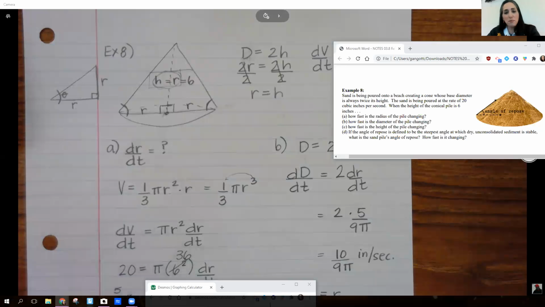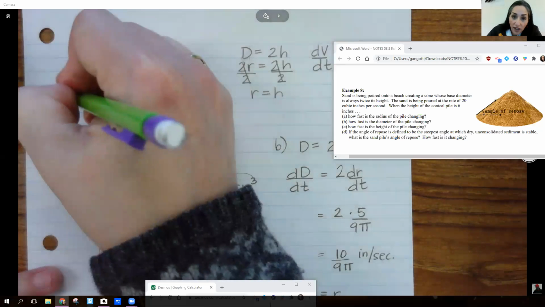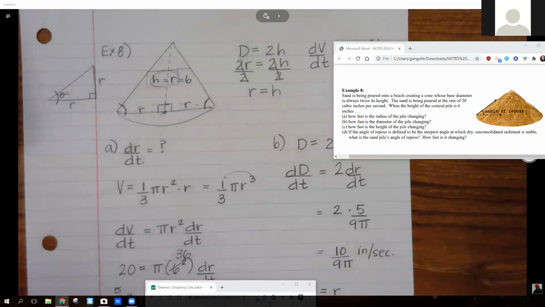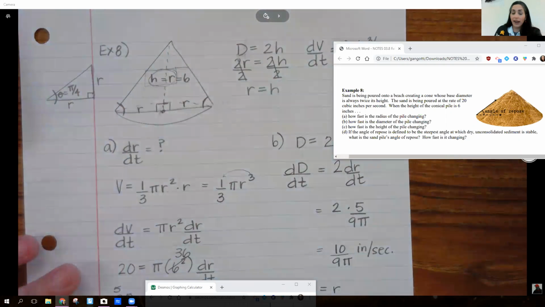Yeah, the other special right triangle. So this angle right here is 45, and we always answer in radians. In calculus, you always answer in radians. So what would 45 be in radians? Pi over 4. Yeah. So pi over 4 is going to be your angle of repose.